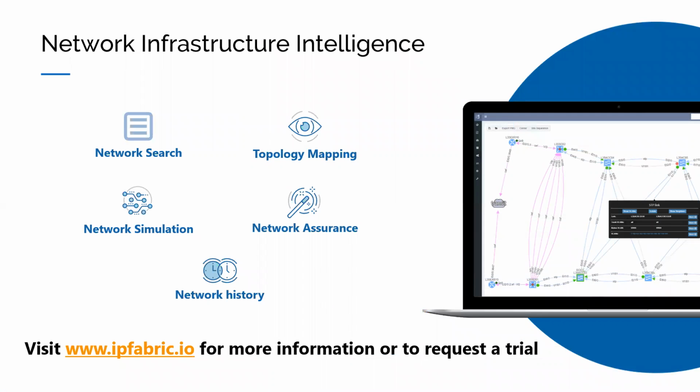So this was an example of how the IP Fabric platform can be used to perform root cause analysis and to help to analyze the network to find those hidden risks that could cause an outage.